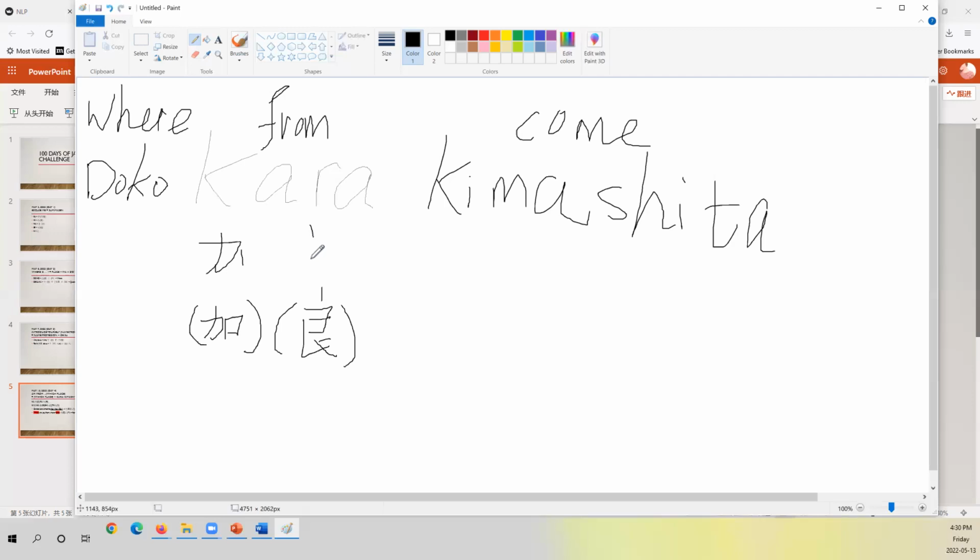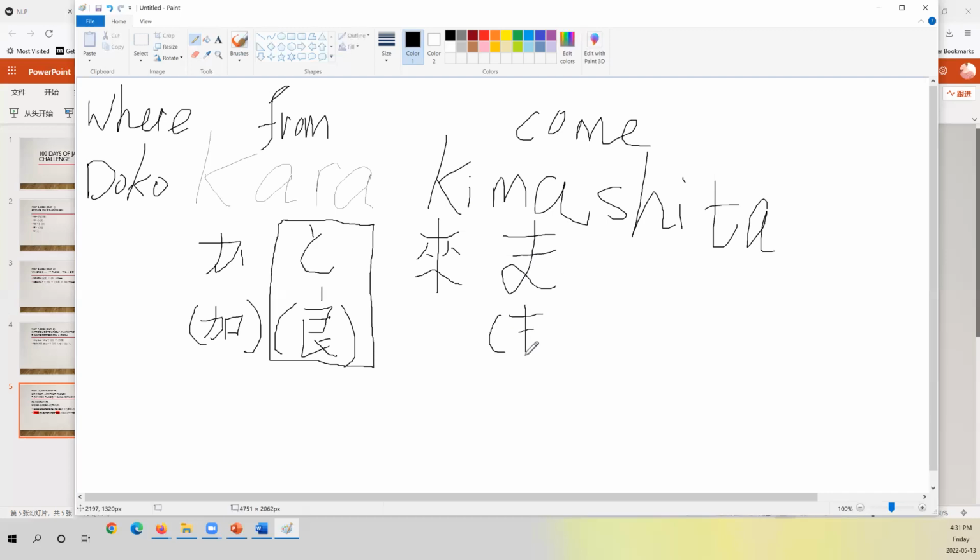And this one is hard. I think it's something like this, maybe. We will check this later. And then kimashita, so ki is this. This one is the same as the kanji, I think. And ma is this, and the kanji that it's derived from is actually this.